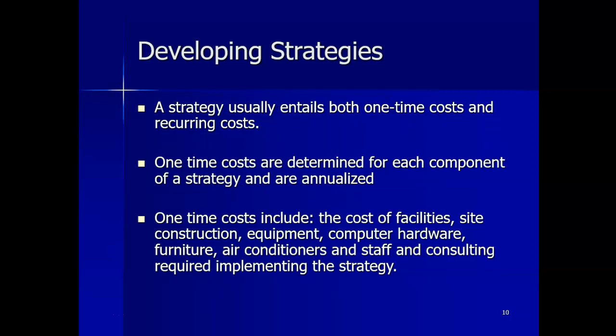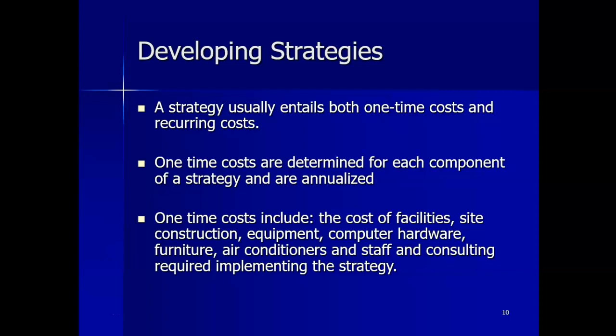And a strategy usually entails both one-time costs and recurring costs. The one-time costs are determined for each component of a strategy. These costs are annualized to allow for comparison of strategies, and this is done by dividing one-time costs by the useful life of the component.